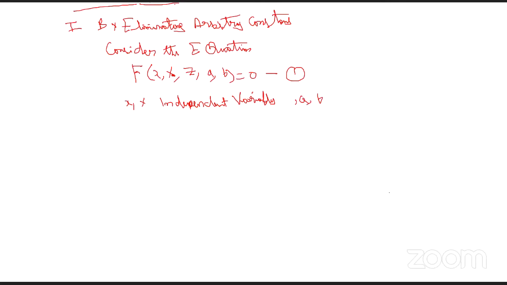So differentiating equation 1 with respect to x, we get dou F by dou x plus p dou F by dou z equal to 0.